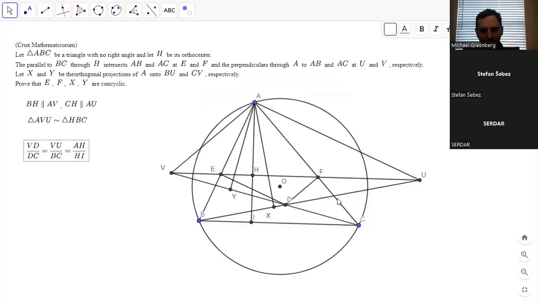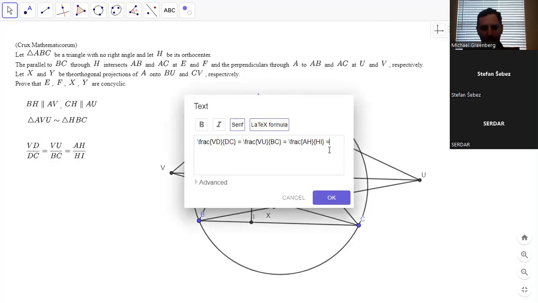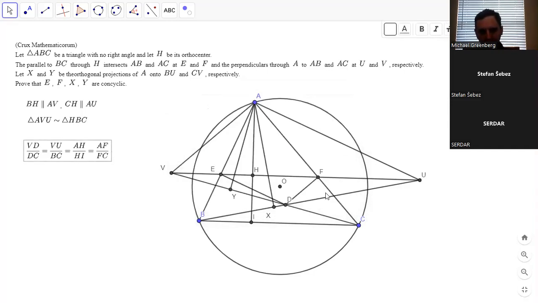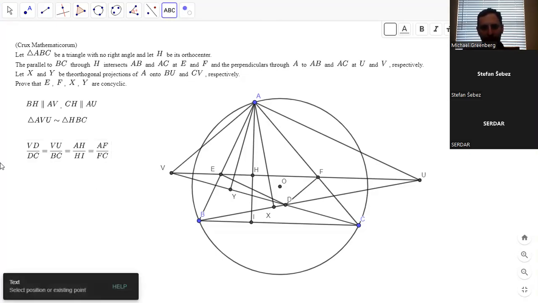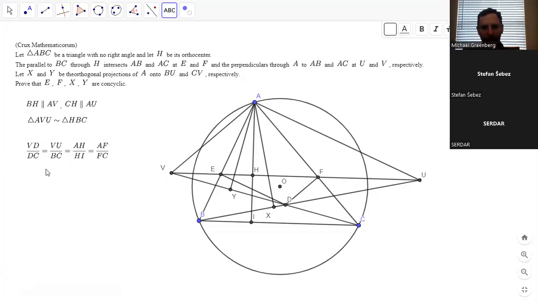So VD over DC is VU over BC, which is AH over HI, which is AF over FC. And then this means that AV is parallel to DF, which means that DF is perpendicular to AC.